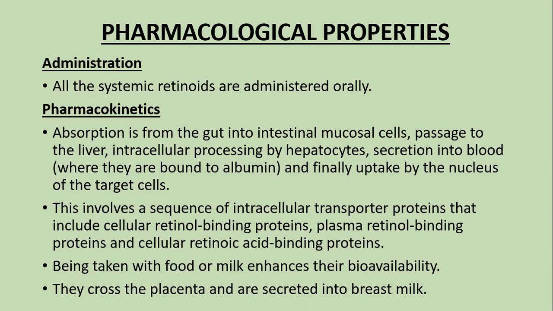This involves a sequence of intracellular transport proteins that include the cellular retinol binding proteins, plasma retinol binding proteins, and cellular retinoic acid binding proteins. Being taken with food or milk enhances the bioavailability, so it should be taken with food. Retinoids cross the placenta and are secreted into the breast milk.